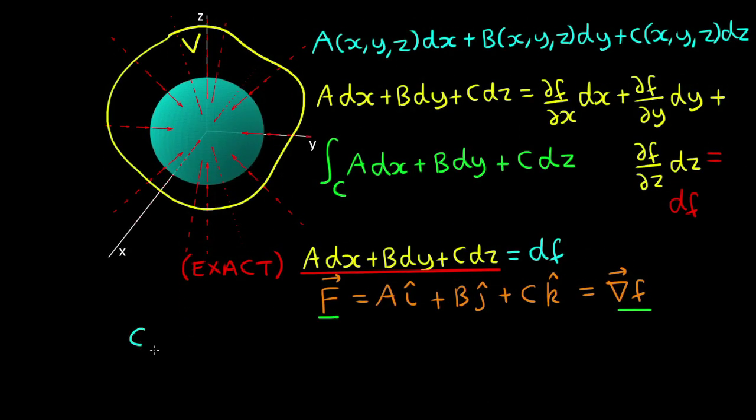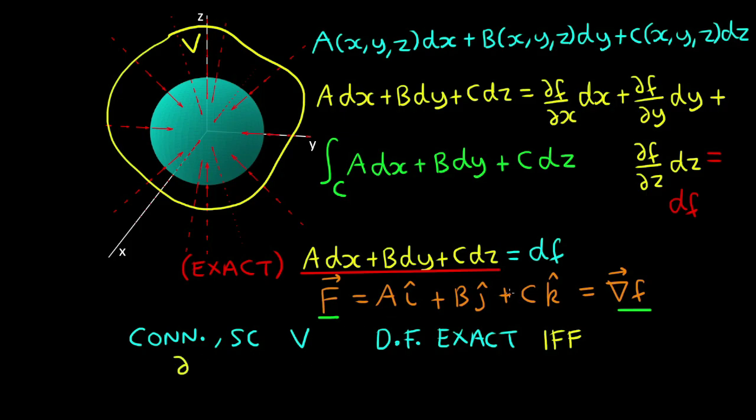So on a connected and simply connected domain, being V in this case, this differential form is exact if and only if the following relationships between the partial derivatives are satisfied.